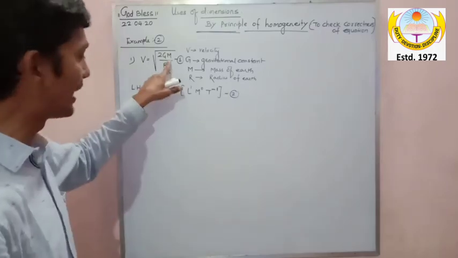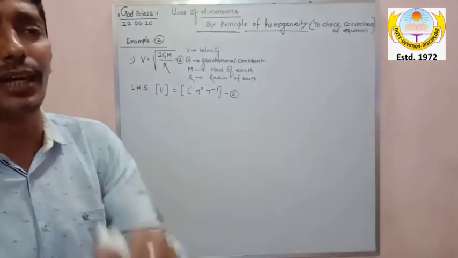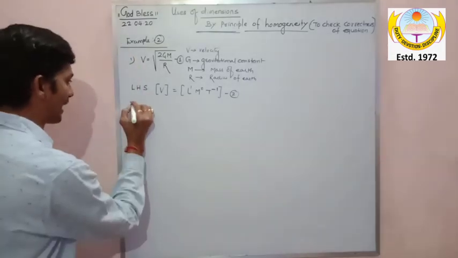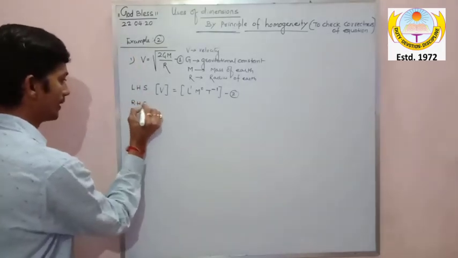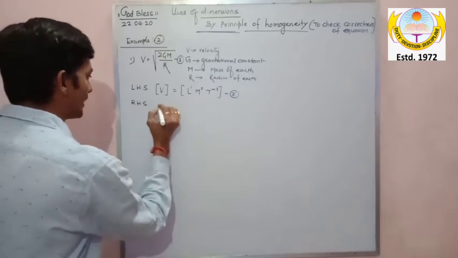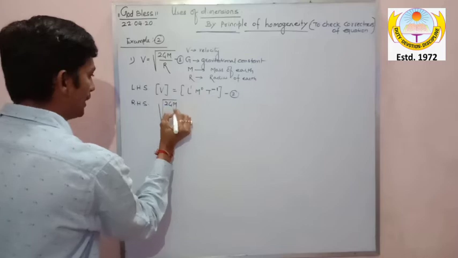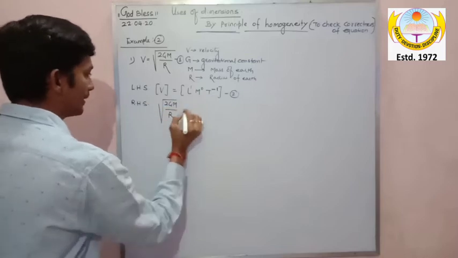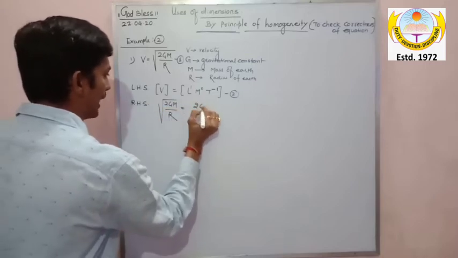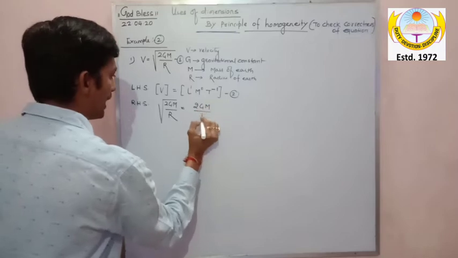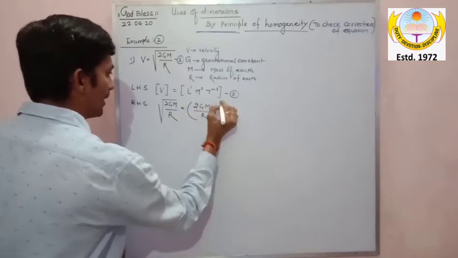Right? So on the RHS also there is one and only one term. So here I will write RHS, and in RHS it is given under root 2Gm by R. That can be written as 2Gm upon R whole power half.